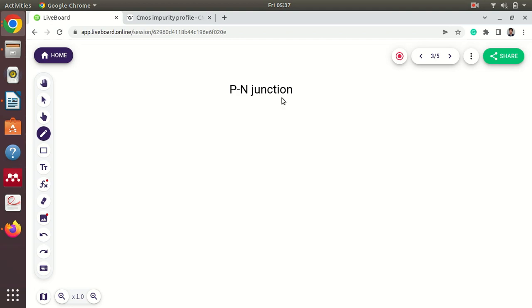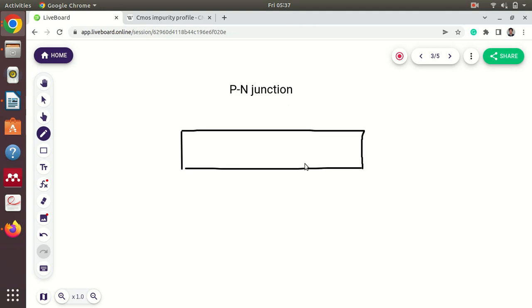So what happens, there is one slab. In some region we dope a P-type impurity, let's suppose boron, here in this region, and in this region we dope an n-type impurity.